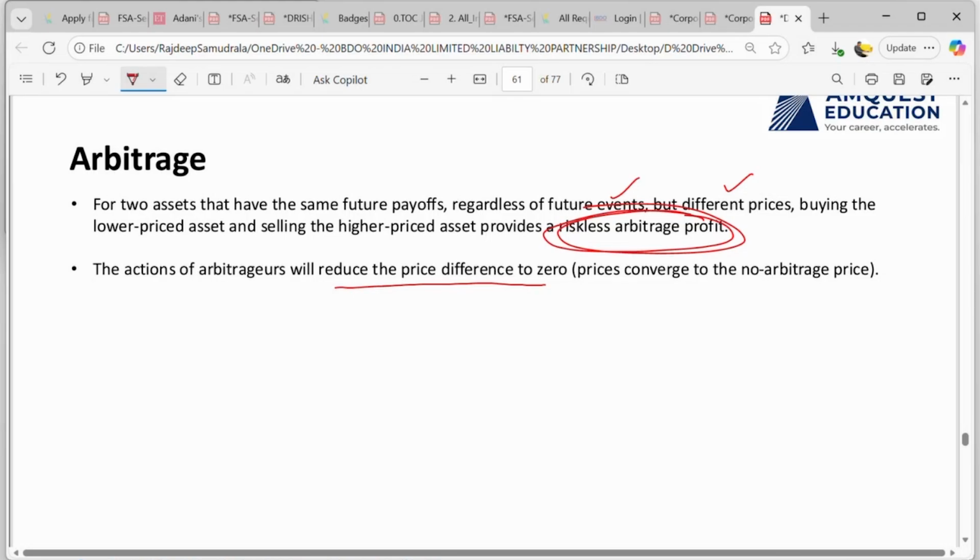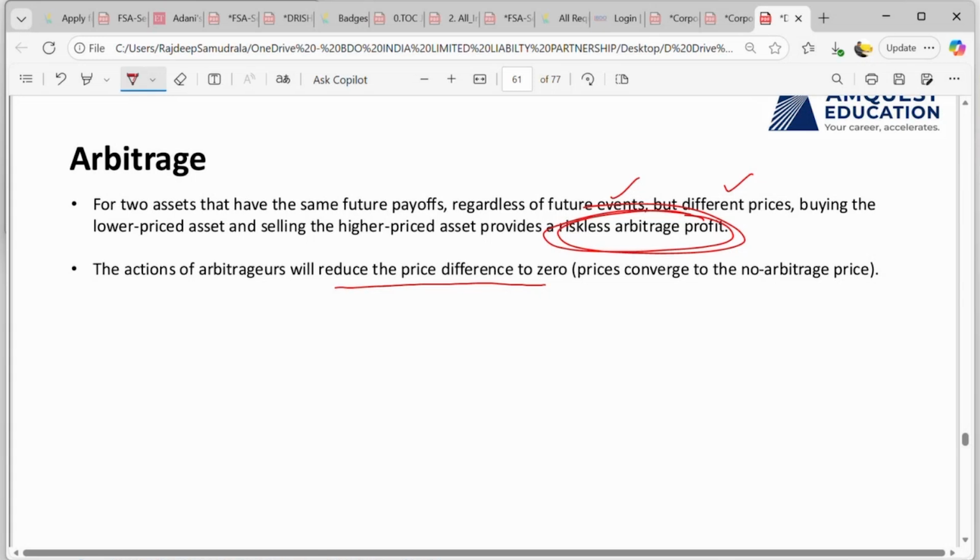So the difference in the two markets, maybe 10, 15,000, will immediately be eliminated because arbitrageurs are taking action in this market. Understood? So arbitrageurs help the price difference to become zero, and no riskless profit should be allowed. That's what arbitrageurs help to do.